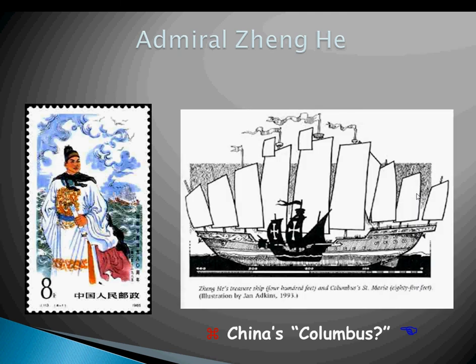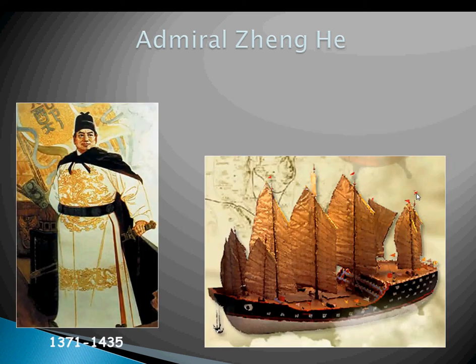China's, we could say in some words, China's Columbus, because he did extensive travel in the Indian Ocean and down to Southeast Asia, the Middle East. This shows this picture of him and the size of the ships.